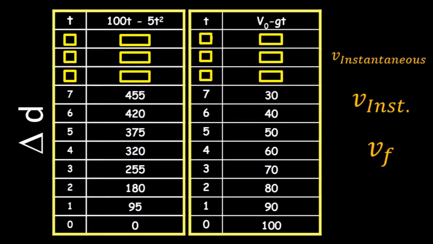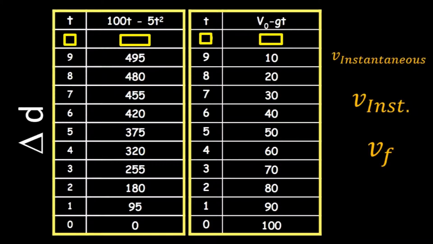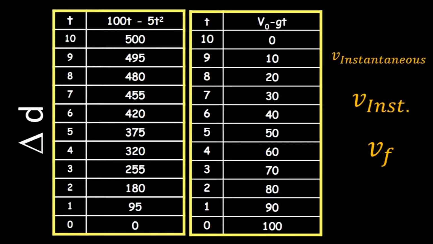And that's exactly what's happening. So we're getting near the end. How well did you predict each particular second and the changes in distance and final velocity? Okay, now we're at the last second, and that one's going to be, what do you think? Yeah, 500 and 0 velocity.